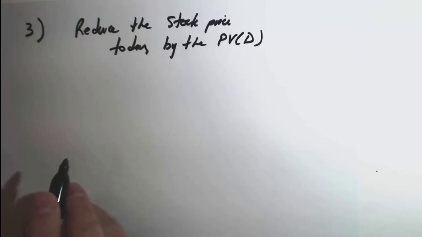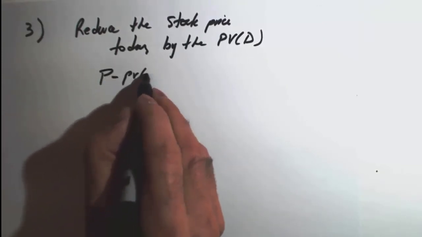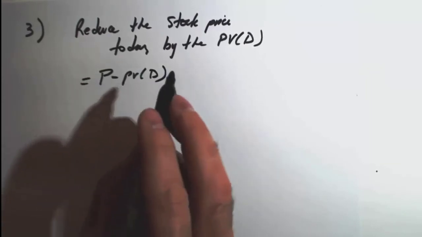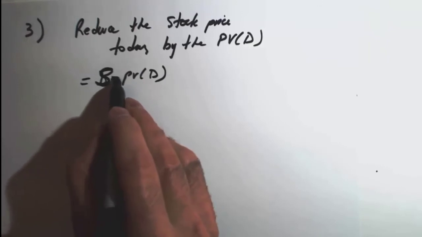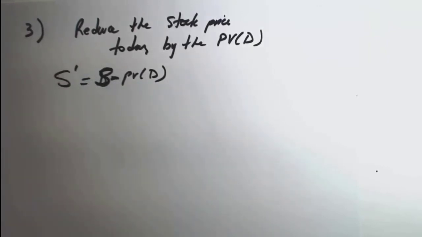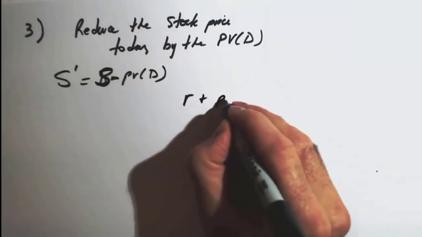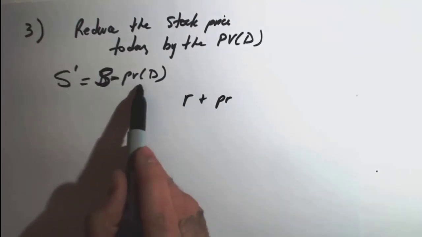So you calculate the present value of the dividend, you take today's price and you subtract the present value of the dividend. Hey, that kind of looks familiar. I should take S, the stock price, and subtract the present value of the dividend. You get S prime, like we have been using. That works reasonably well. You're going to leave R and the probability alone in the calculations. So you're just reducing the stock.